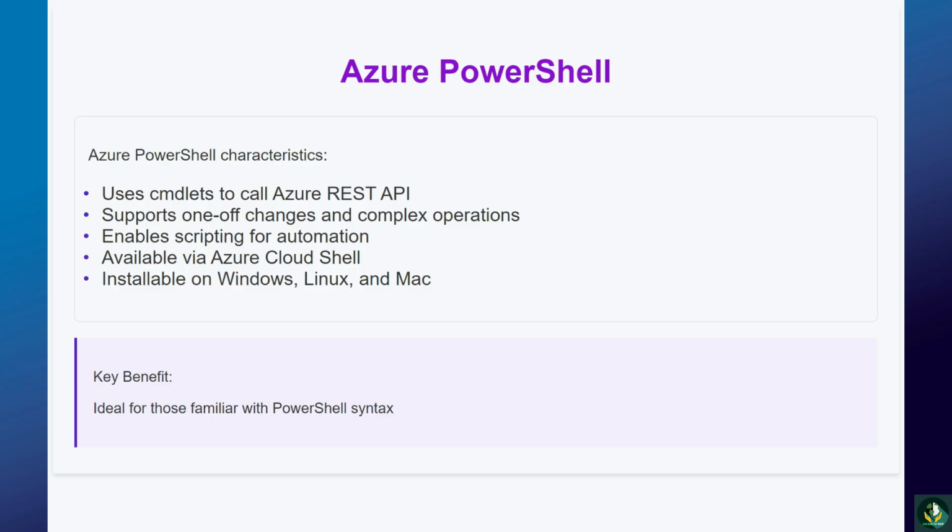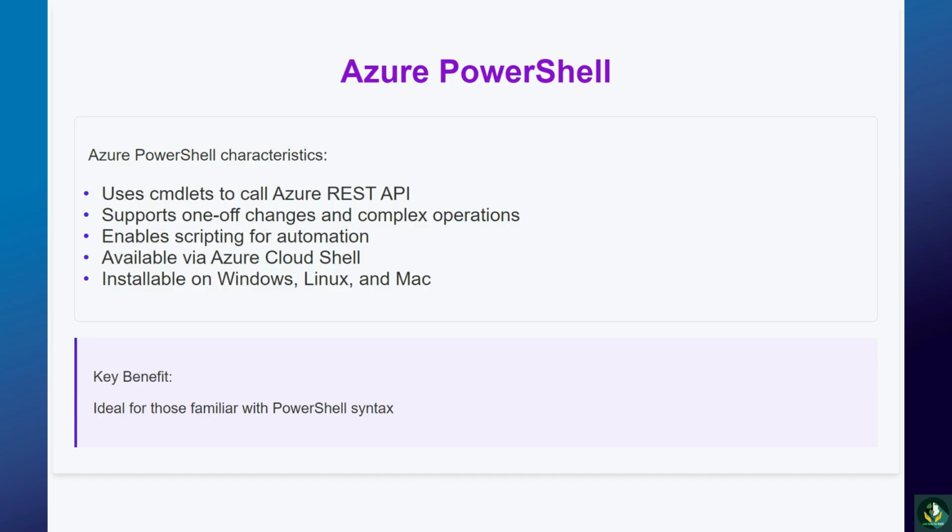The CMDlet-based approach provides a consistent and intuitive way to work with Azure services, from simple, one-off changes to complex, multi-step operations. One of the key strengths of Azure PowerShell is its ability to handle both discrete tasks and orchestrate complex operations.